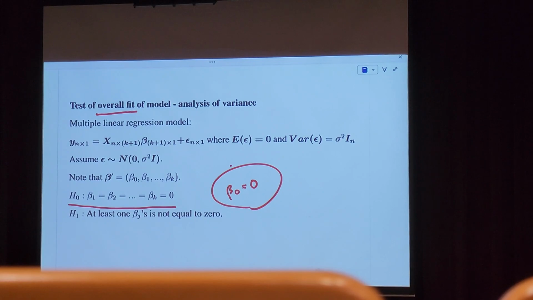In general, this quantity is not equal to 0. So if you include beta naught in the null hypothesis, you are going to reject your null hypothesis all the time, because beta naught is not 0.